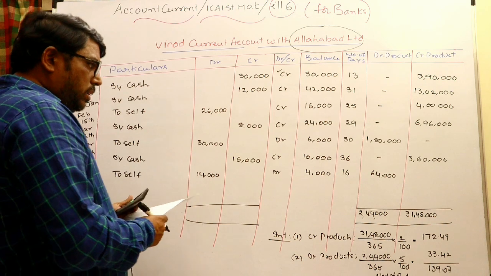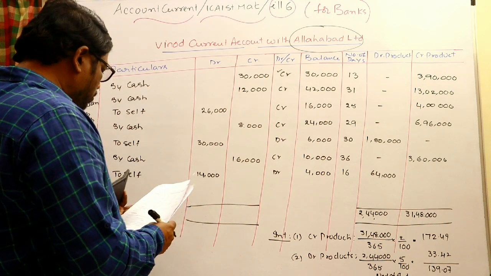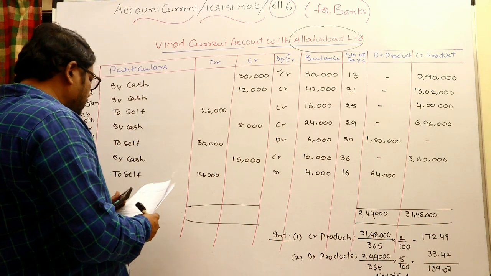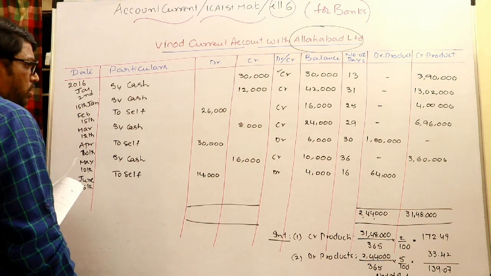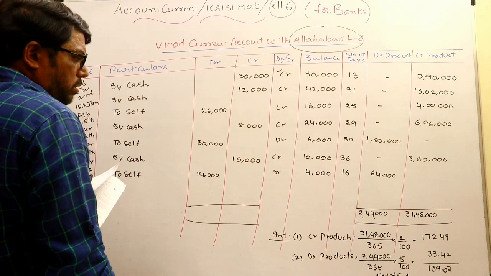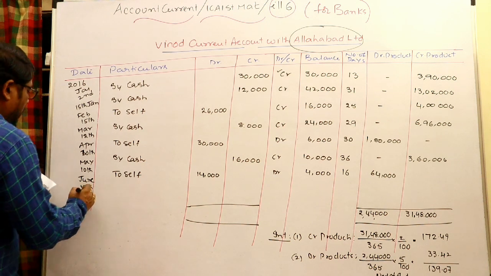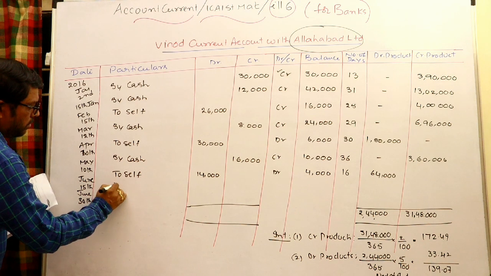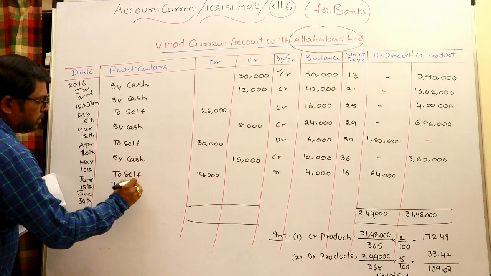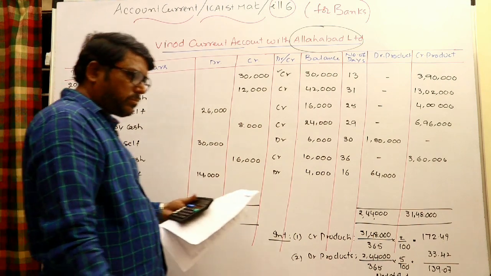So actually, on the credit products, debit products, you may write the entry, that is the income. Vinod account debit to interest account, June 30, by interest.